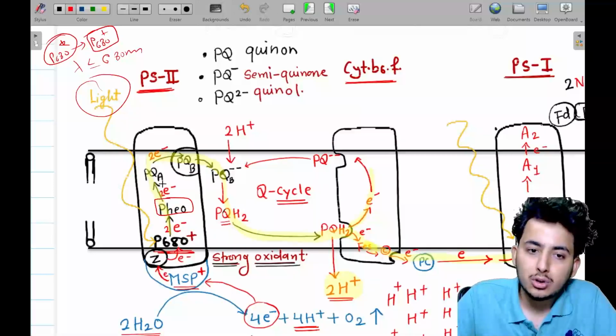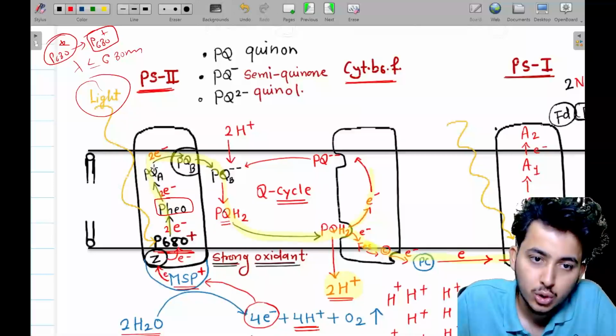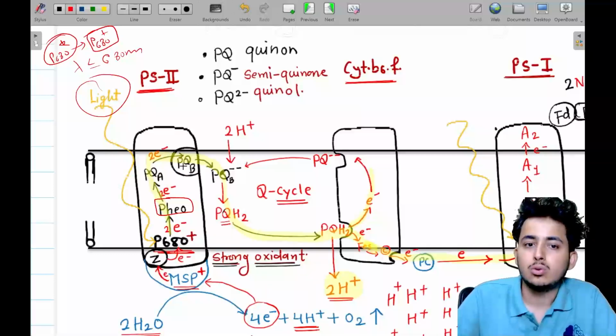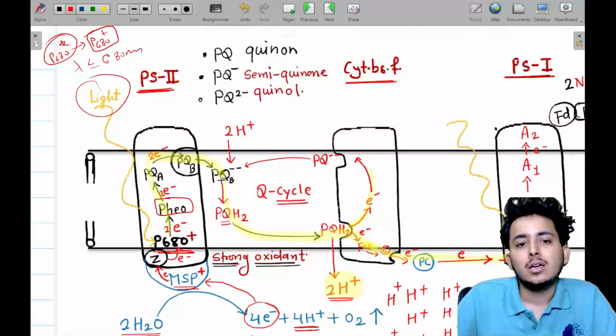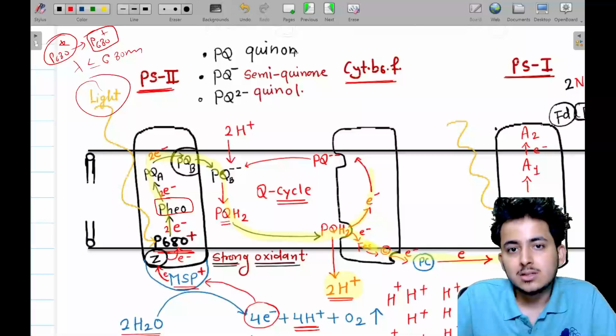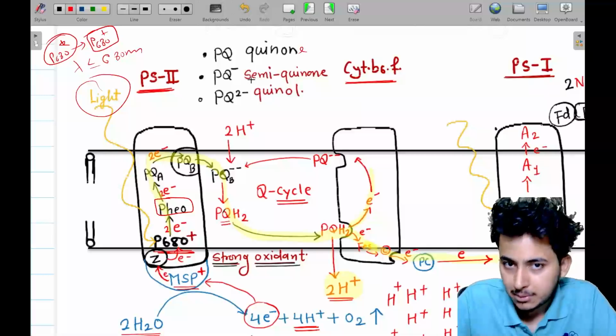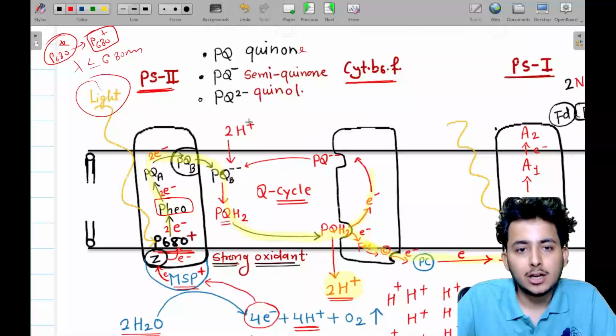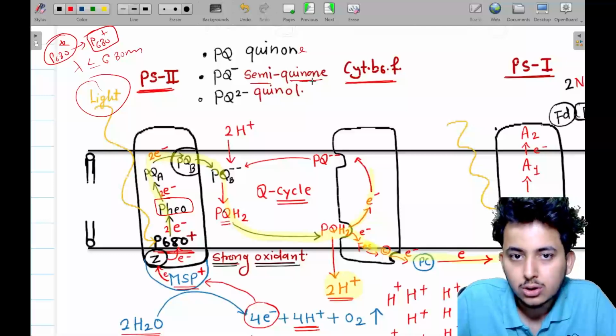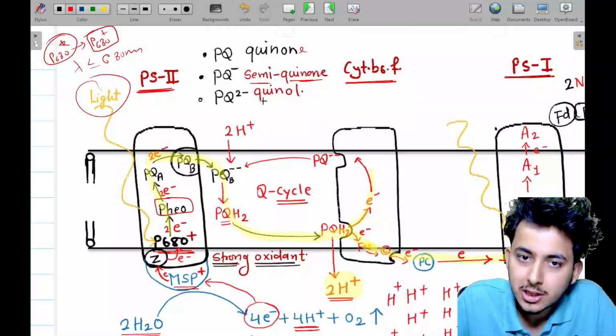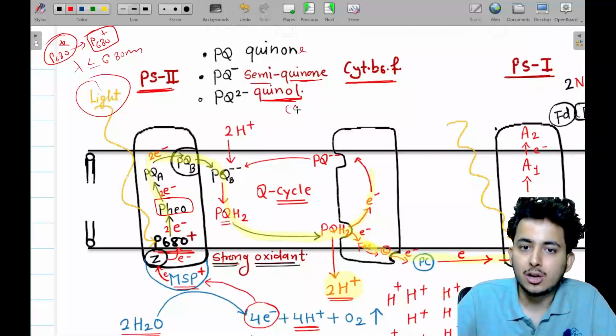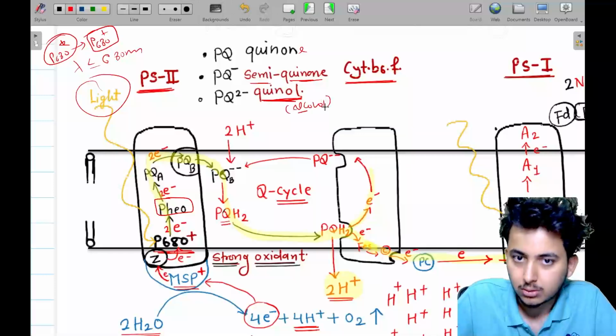Then these two electrons pass to plastoquinone A, then to plastoquinone B. Since it is a quinone, if it accepts one electron, it becomes semiquinone. If it accepts two electrons, it becomes quinol, that is alcohol from ketone, so it gets fully reduced.